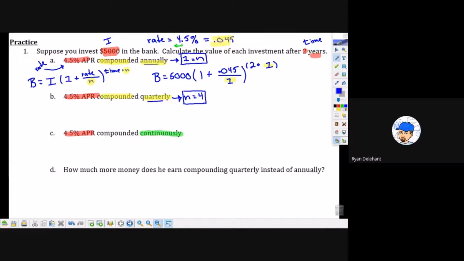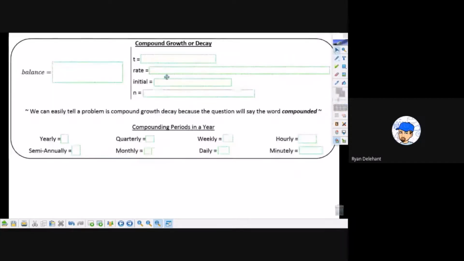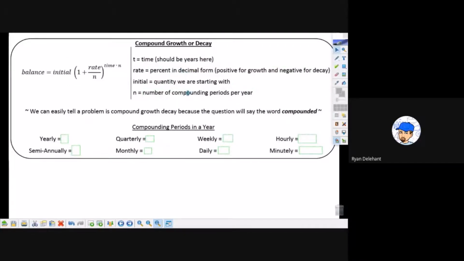If you look at the notes where I worked through this formula, I gave you a whole bunch of these n values. Yearly was 1 because there's 1 year in a year. Quarterly was 4. How many months are in a year? That's 12.